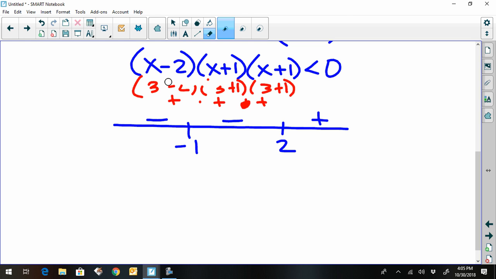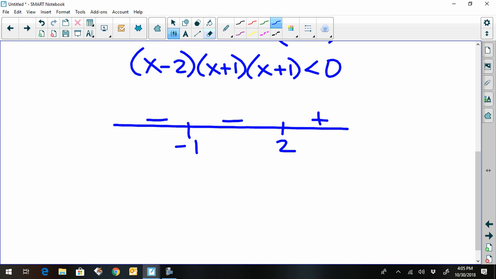And we can erase these, that part that we actually just did in our head. So right now we're looking for where this polynomial is less than 0. Well, it doesn't say less than or equal to, so we have to keep that in mind. So it's less than 0 on my graph to the left of this, and then between those two zeros.